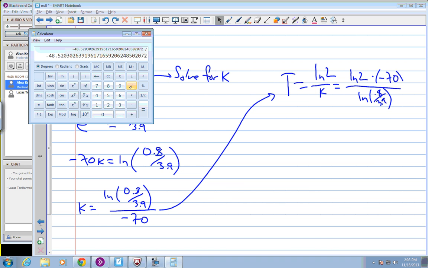I'll go from the denominator, so it's easier. So that's my denominator. Bam, times negative 70 times natural log of 2. So I got 30.6-ish hours.